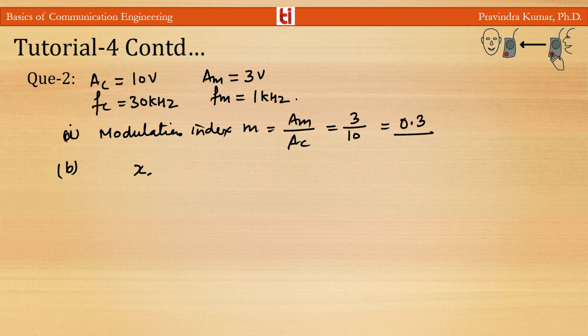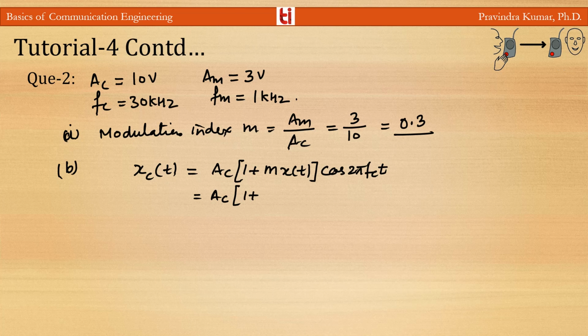You know xc(t), the equation for the modulated wave, is AC times 1 plus m x(t) times cos 2 pi fc t, or we can write it as AC times 1 plus m cos 2 pi fm t, if x(t) is cos 2 pi fm t, times cos 2 pi fc t.